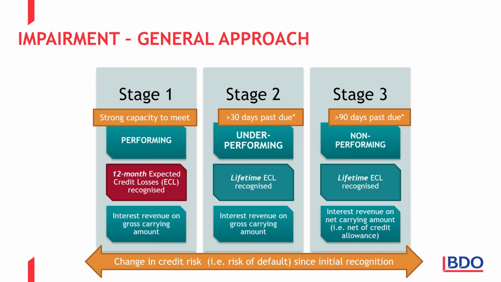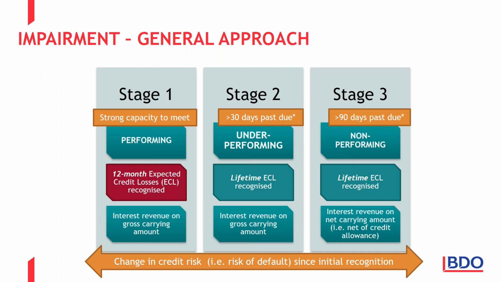The backstop is if it's more than 30 days past due, it would go to stage 2. It's now underperforming. We now recognize lifetime expected credit losses. You still recognize revenue on a gross carrying amount.